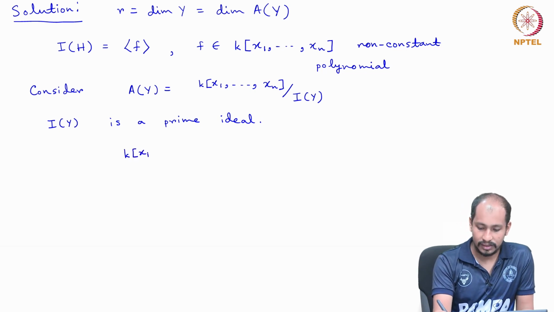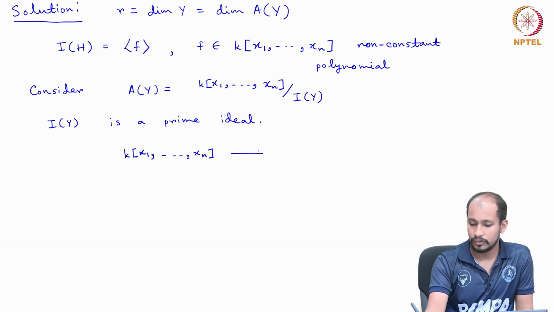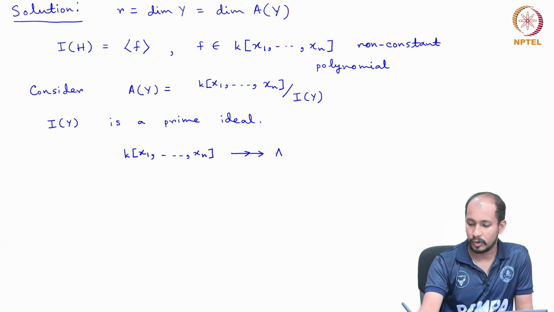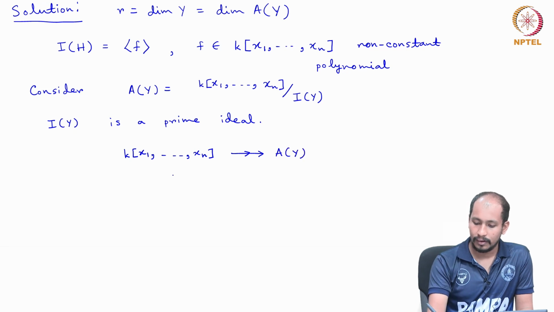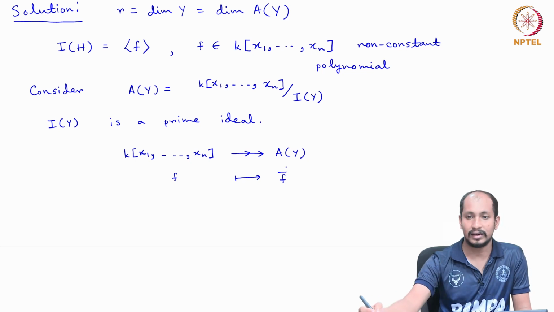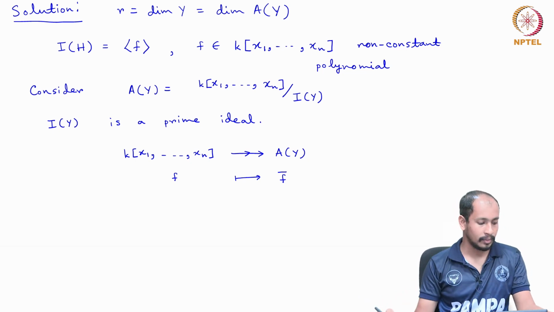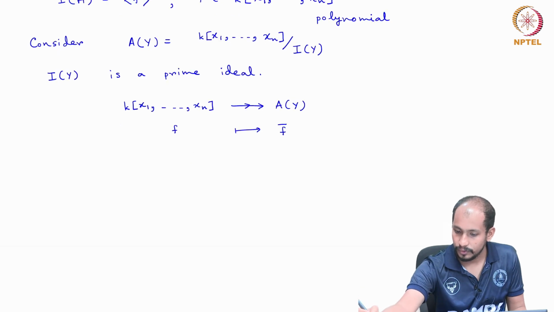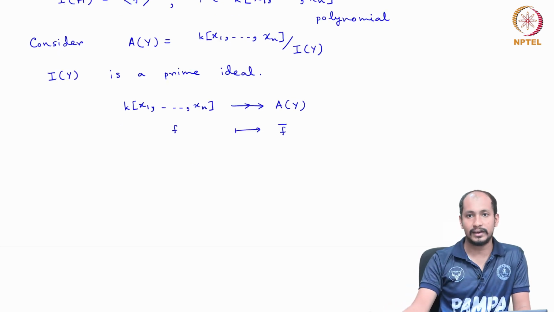Now consider this quotient map k[x1, ..., xn] to A(Y). Now F is a polynomial inside this polynomial ring k[x1, ..., xn]. So say F bar is the image in A(Y). Okay. Now we want to apply Krull's principal ideal theorem.